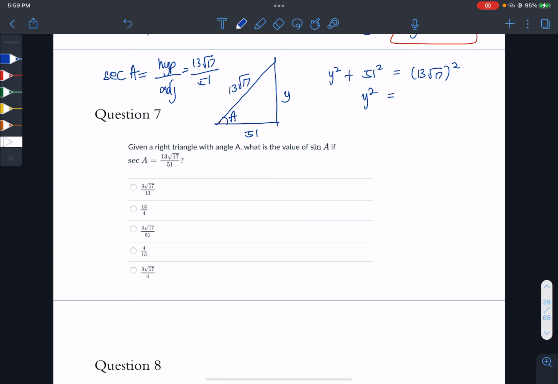So y squared would be, squaring 13 square root of 17, that is 2873, minus 51 squared, that is 2601. So y squared is 272. So y, we take the square root of both sides.